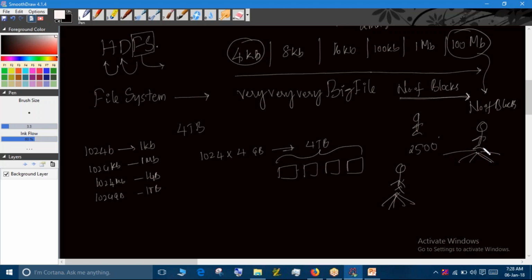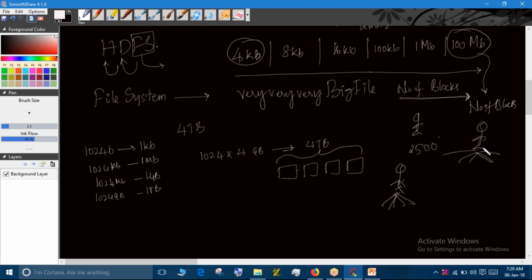Indirectly, you may be managing. So when the number of blocks increases, manageability is a challenge, because I cannot apply that hierarchical model here. All the blocks must be managed by me only. It is linear here, it cannot be hierarchical. I hope you understand what I am trying to share.